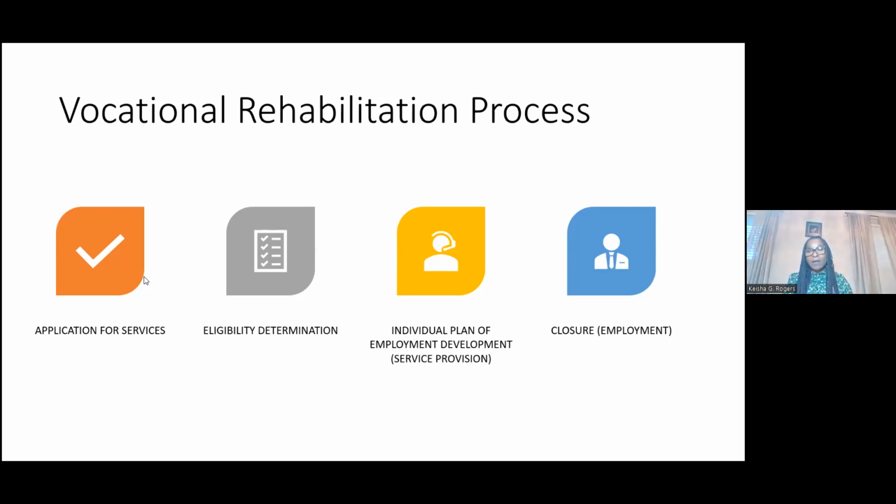It also includes post-employment services, used to help a person maintain or advance in employment or even regain employment, right? And then you get the closure, which is the 26, that elusive 26 that rehab counselors look for, which is a successful closure. That means their job situation is stable. They've maintained employment for at least 90 days.